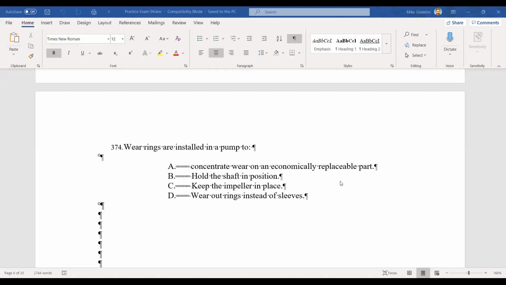That is the answer for this. You're right in the fact that you wear rings instead of other parts, but the correct answer, and the terminology they're going to look at on the exam, is concentrate wear on economically replaceable parts.